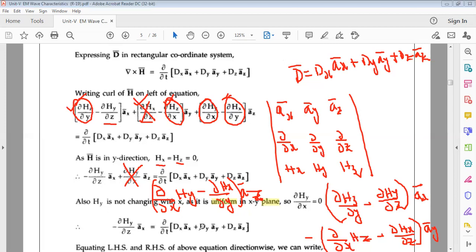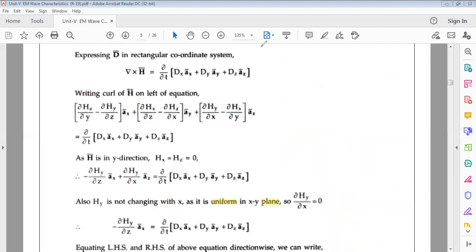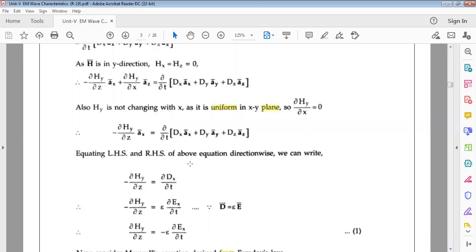It is equal to the right hand side function ∂/∂t of Dx ax bar plus Dy ay bar plus Dz az bar. Now, on the left hand side the ax bar is there, and on the right hand side also, so comparing the ax bar only, minus ∂Hy/∂z is equal to ∂Dx/∂t, because the other two are ay direction and az direction.